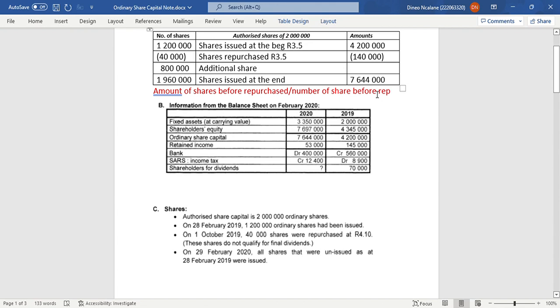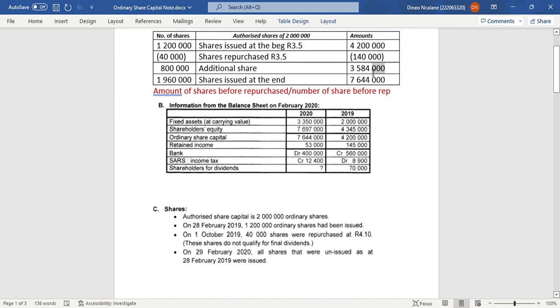You're going to say 7,644,000 plus 140,000, since we are reversing, minus 4.2 million, which is the balance at the beginning. That leaves us with 3,584,000, which is the additional shares.